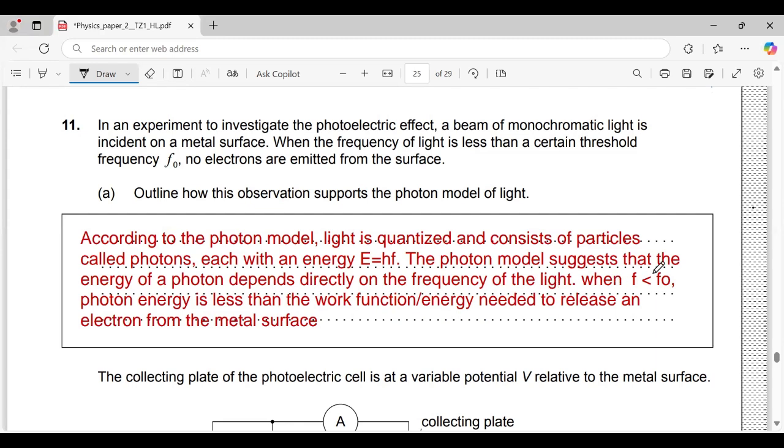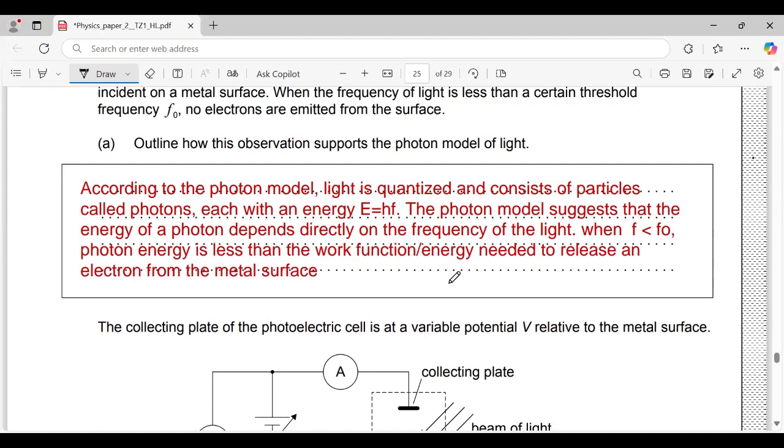When f is less than f0, photon energy is less than the work function, the energy needed to release an electron from the metal surface. You may add to this explanation with your own words or sentences.